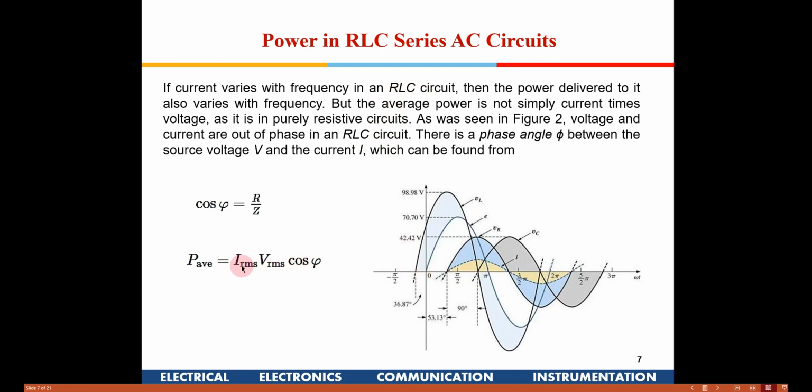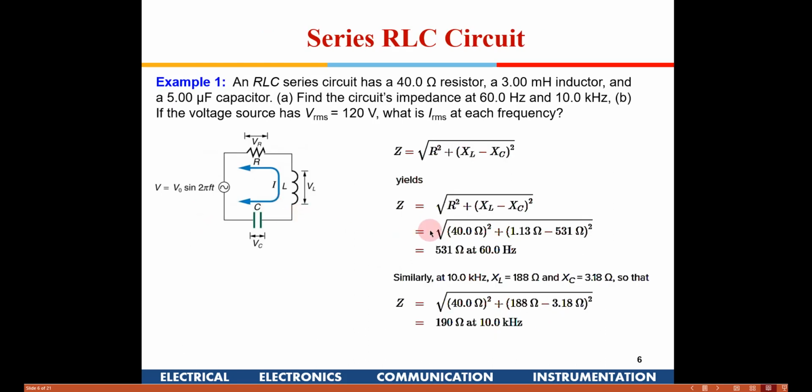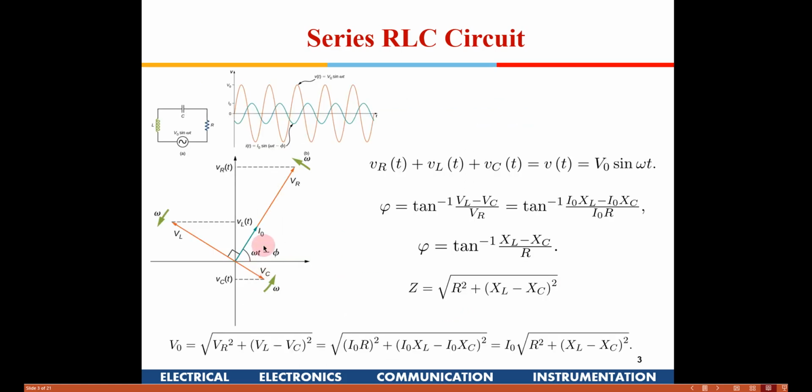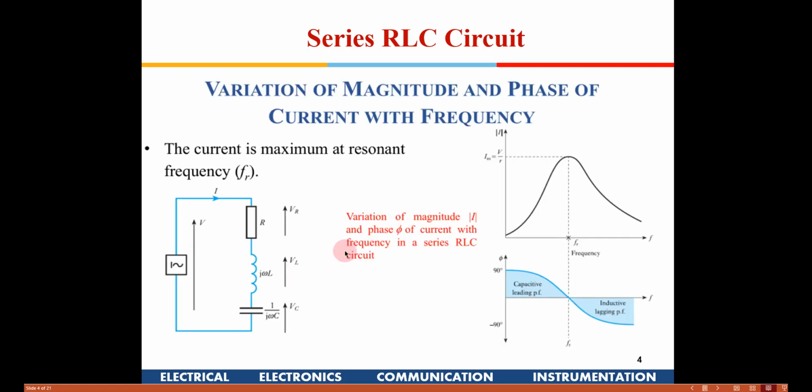So the power will be computed as IRMS, VRMS and cos phi. The value of cos phi needs to be computed using this formula, R divided by Z. We saw tan phi is XL minus XC by R. So cos phi will be nothing but R divided by Z. If you make this triangle, you will get the same equation.